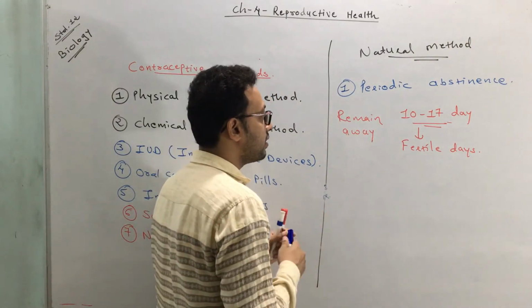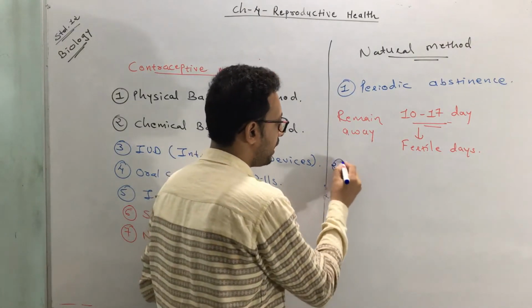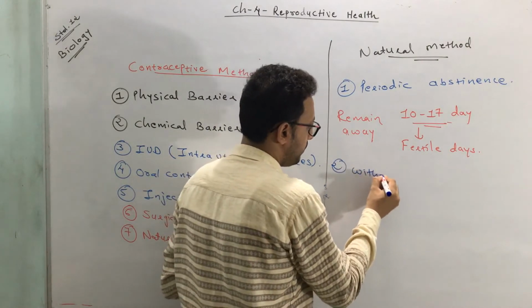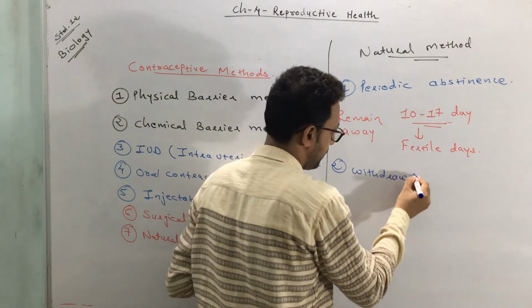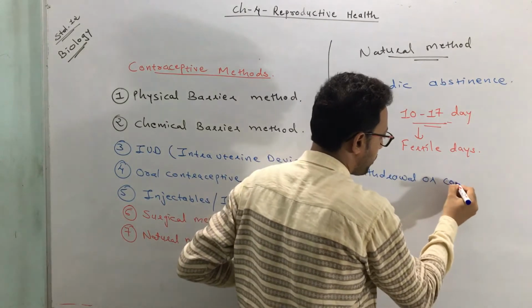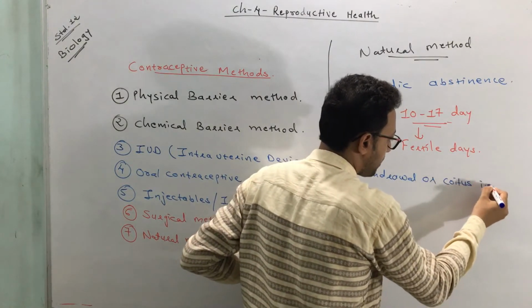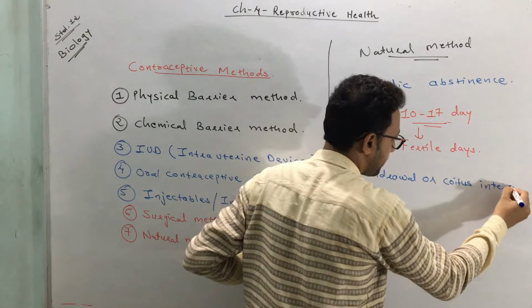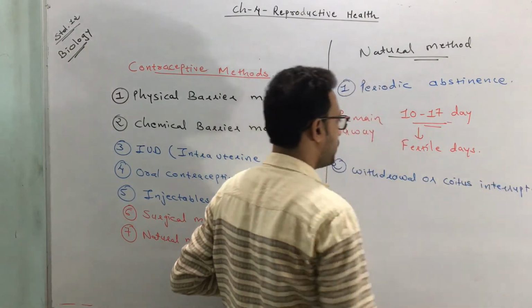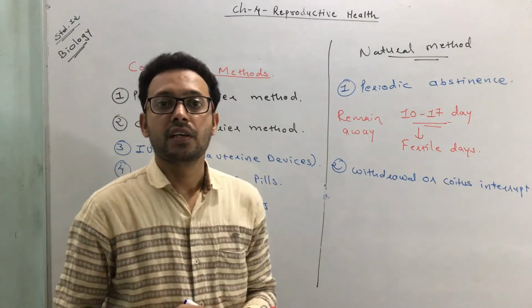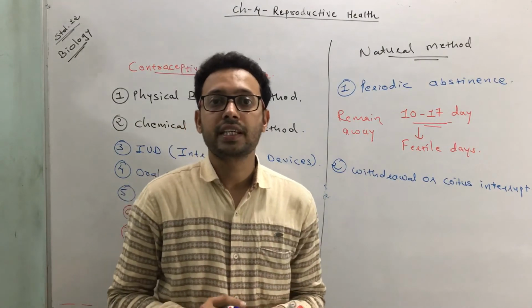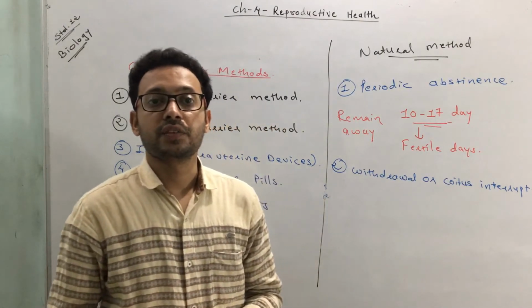The second method is called withdrawal, or coitus interruptus. What is withdrawal?